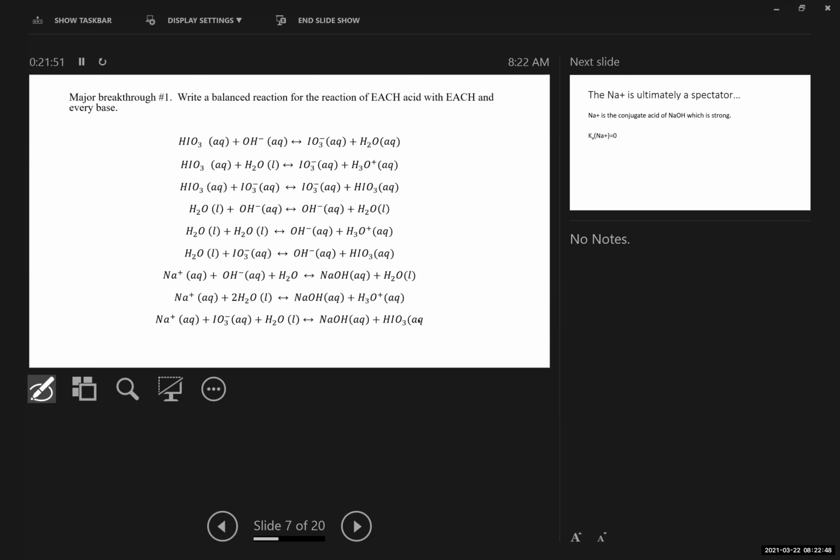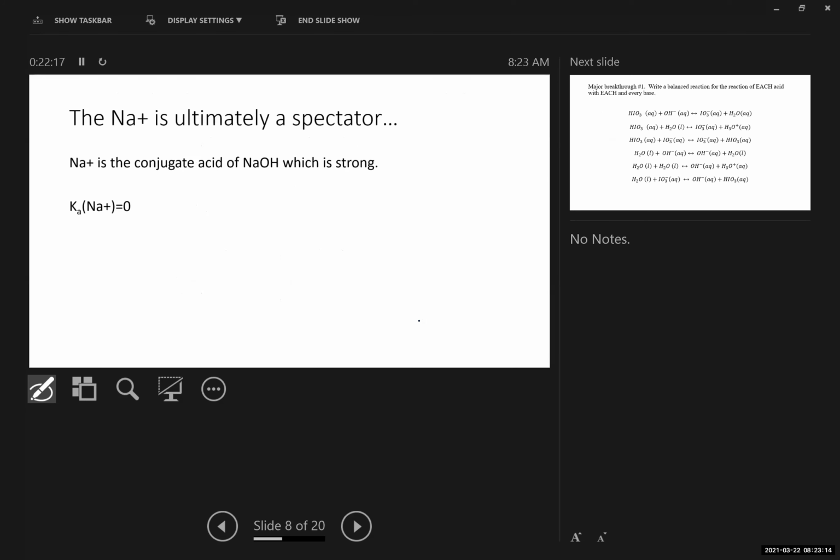Of course, I can simplify my life somewhat if I recognize what? Sodium's a spectator, and the reason it's a spectator is it's a conjugate acid of a strong base, which essentially makes its Ka 0, right?